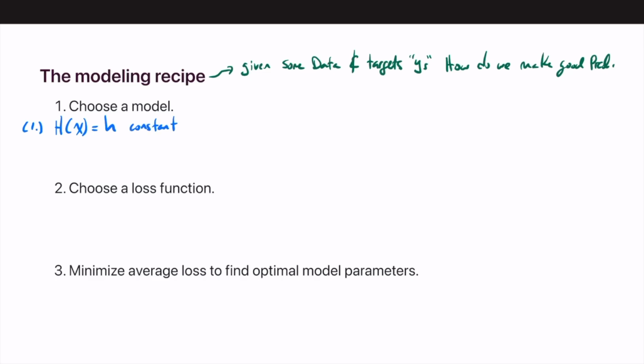We've also seen things like simple linear regression, where we have our hypothesis function, and that's going to equal W naught plus W sub 1 X, and this is the simple linear regression one.